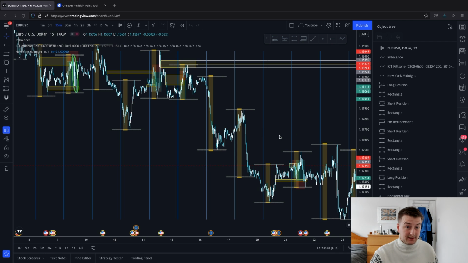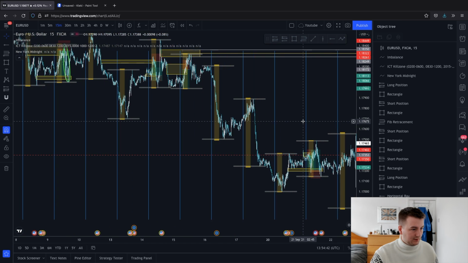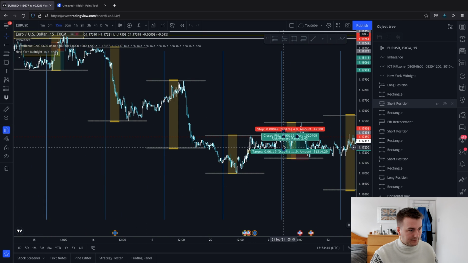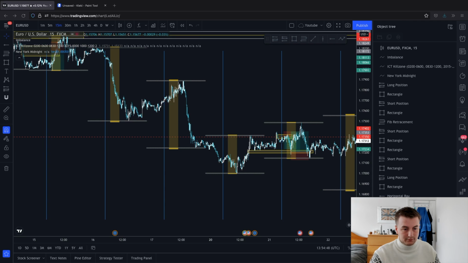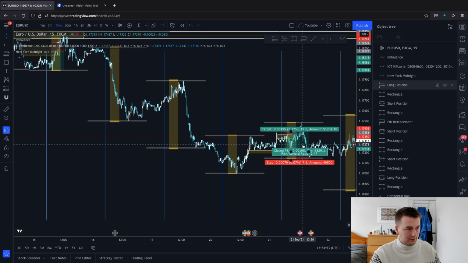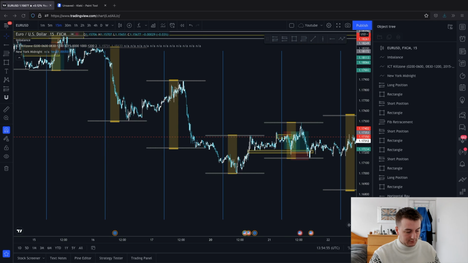6 trades, 9 days. And what was the R on these ones? I'll tally it up. 2.4, 3, and 2.47.